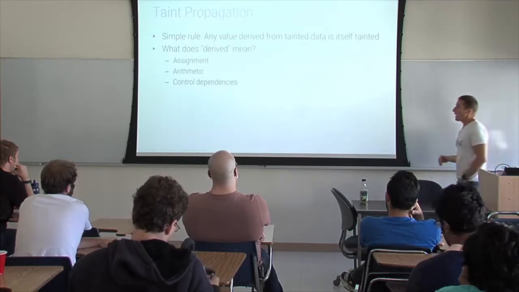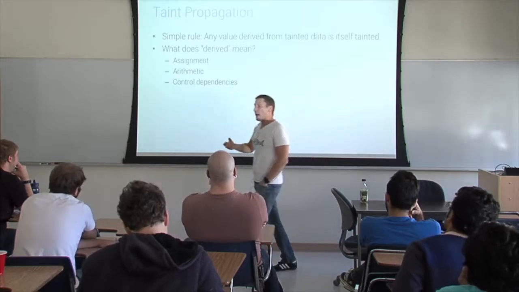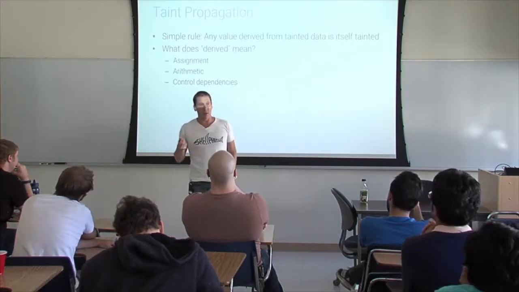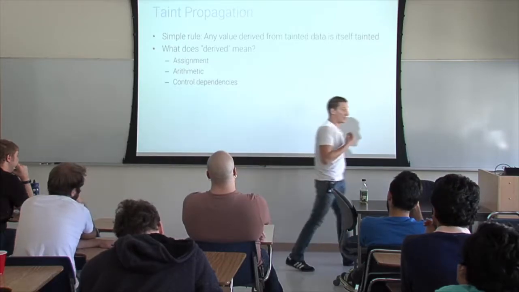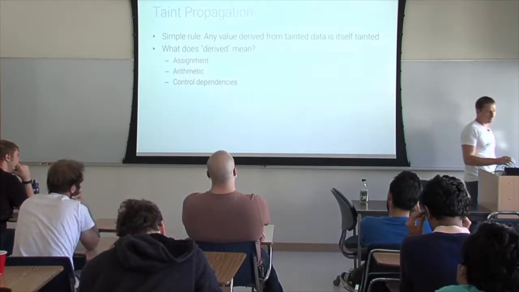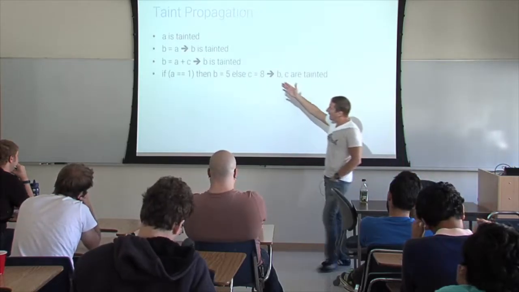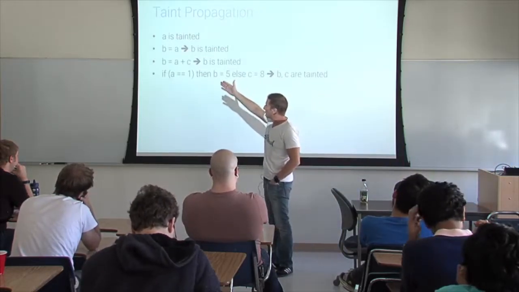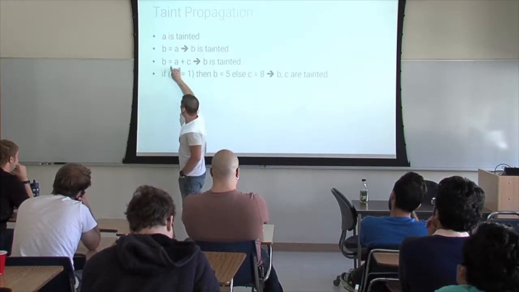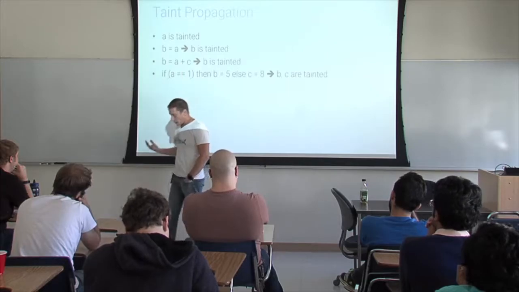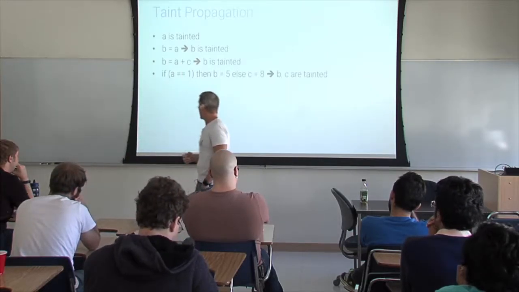And of course, then you have a rule that says that if any value is determined in relation to a value that is tainted, that value is tainted as well. So these are examples that you would find. If A is tainted and A is assigned to B, then B is tainted. Or if B is defined as using A as one of the terms, then B is tainted as well.